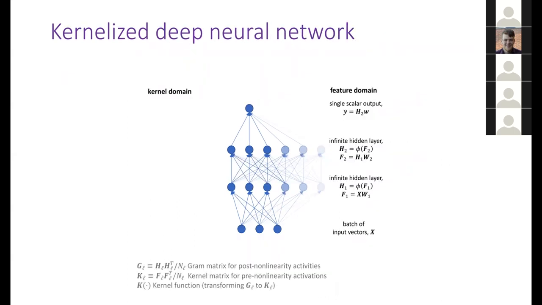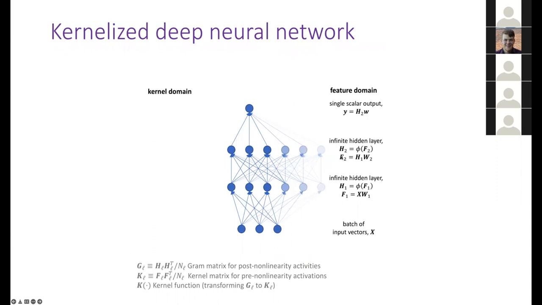So then, once we have that basis, we can think about what happens in a deep neural network. So I'm now going to separate things out slightly. So we have a batch of input vectors x that are going to have these f's, which are the previous layer multiplied by some weights, and then h's, which applies the nonlinearity.